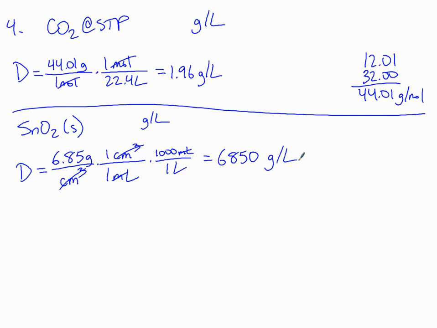Some things that are not on the AP formula sheet: 1 cubic centimeter is 1 milliliter. They're not going to tell you that. And 1,000 milliliters in a liter. They're not going to tell you that one either. Those are implied that we know it. This is something that either a question will give you or maybe a reference table will be provided.